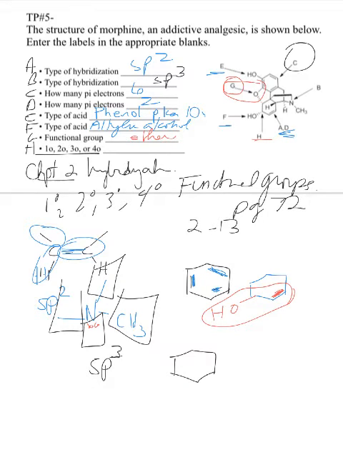That alcohol there for H is connected to a carbon that's connected to 2 other carbons. The carbon connected to the hydroxyl group is called the carbinol carbon, and that carbon is connected to 2 carbons, which makes that a secondary.